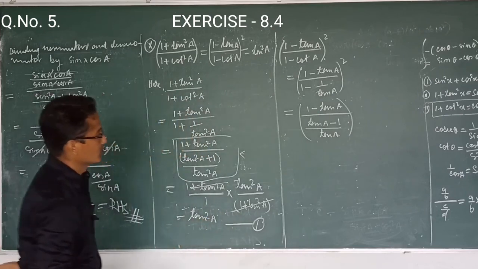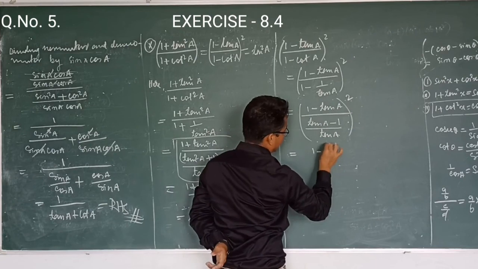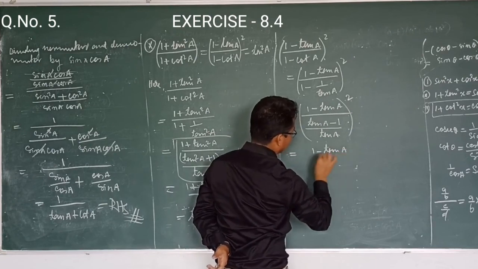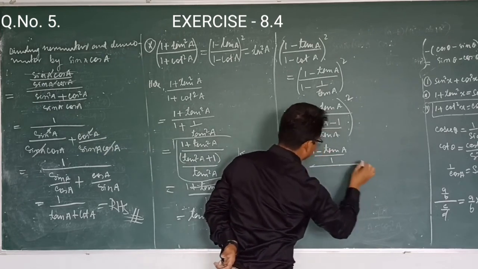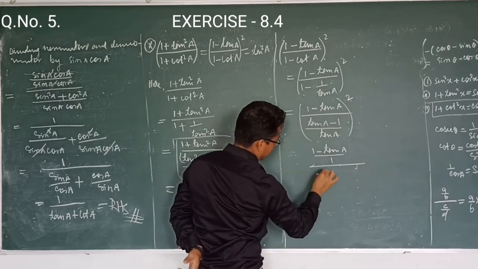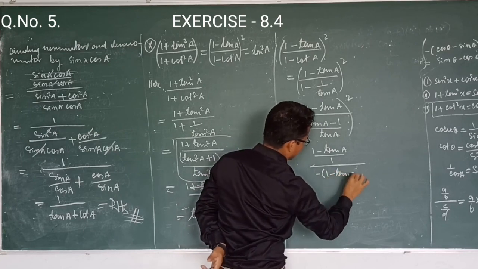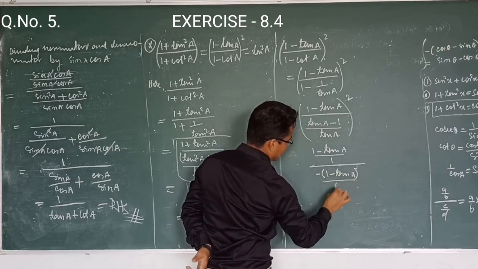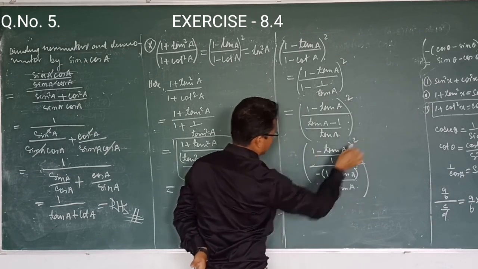Okay, so what can we do? This is the square. Now (1 − tan A)/1 divided by, I take minus 1 common, then I will get (1 − tan A)/tan A, and this is whole square here.